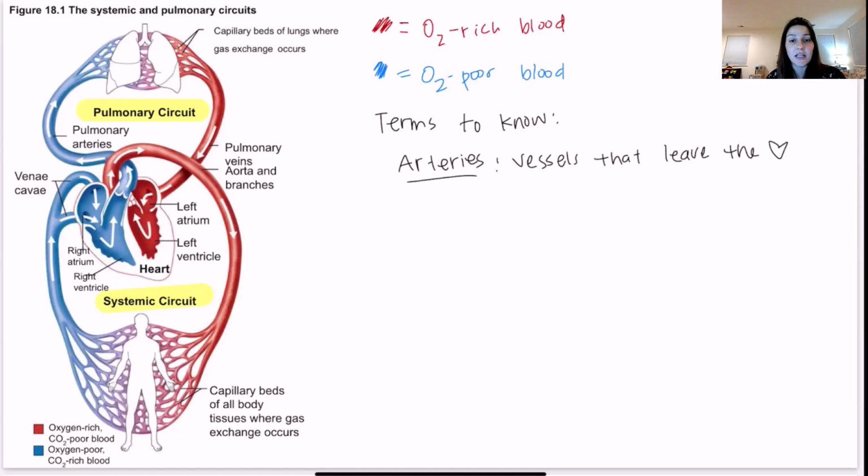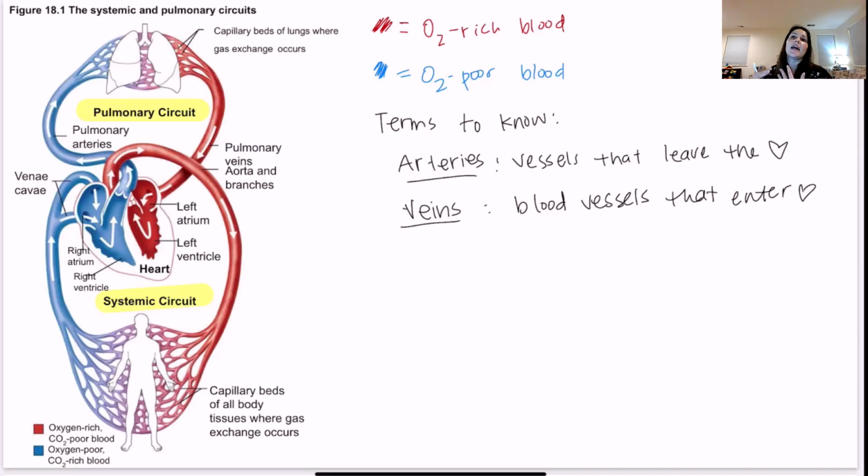Arteries are vessels that leave the heart, vessels on their way out. But veins, on the other hand, those are blood vessels that arrive to the heart, that enter the heart. That's important to know because we have vessels entering the heart, vessels leaving the heart.